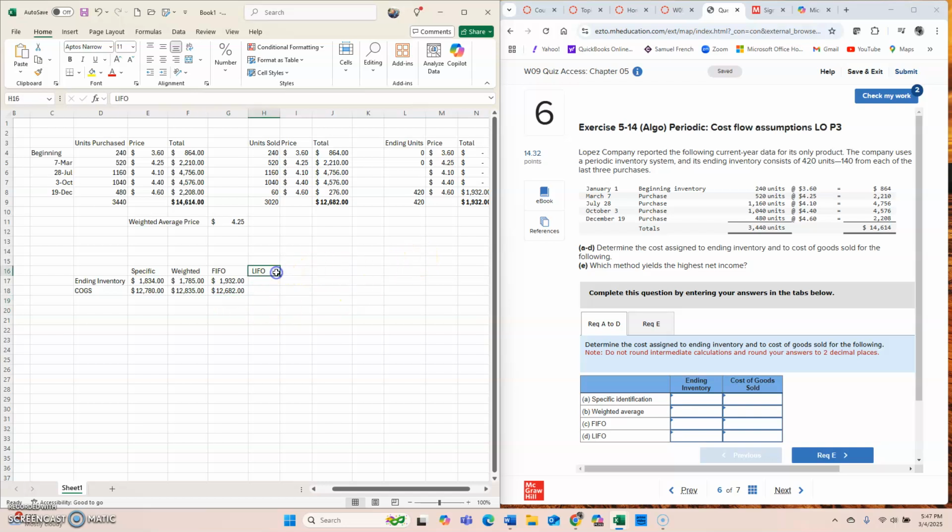And then our last in, first out just does that sort of in reverse.